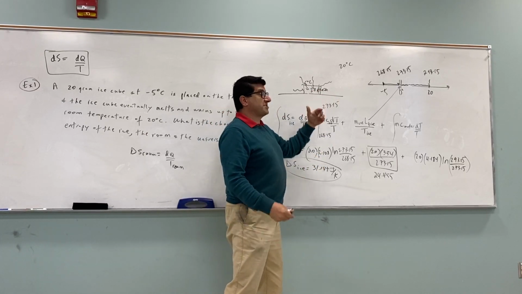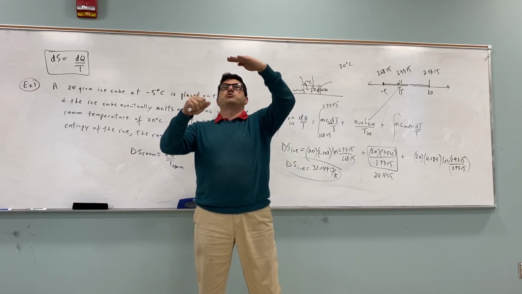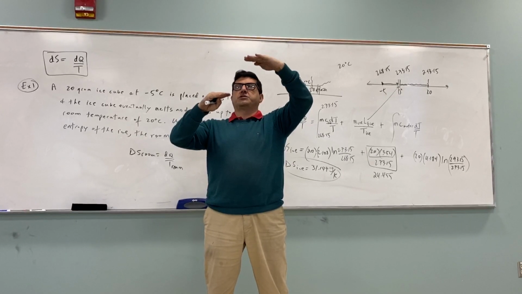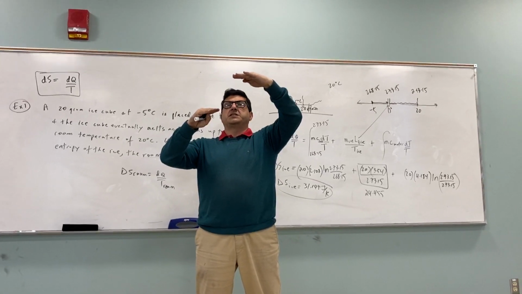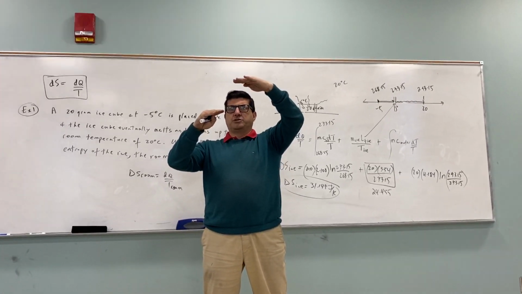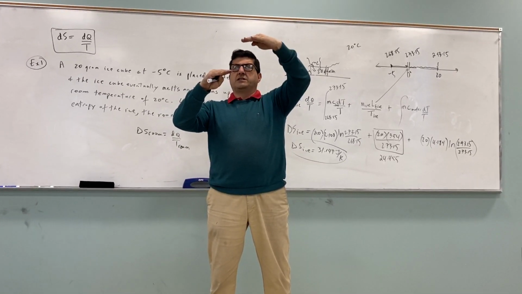However, the ice starts out colder, you see? So it's almost like the room is here, the ice is here, they're exchanging heat with each other, right? In our case, the room's temperature actually is not going to change.